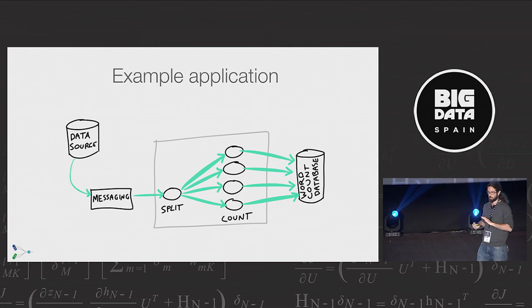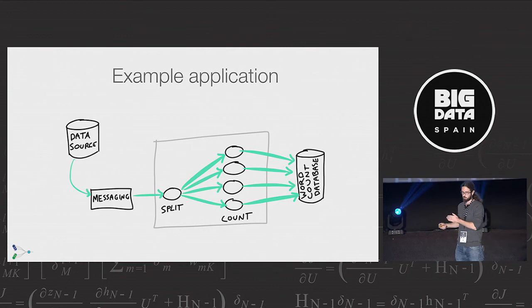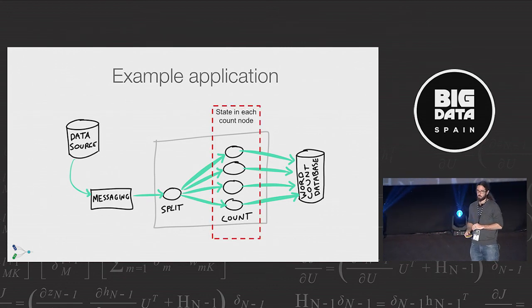And finally, the word count results are dumped into some database for serving somewhere. In this example, the count nodes are stateful, because obviously they need to keep a record of how many times particular words have occurred in a corpus, so state needs to persist there.